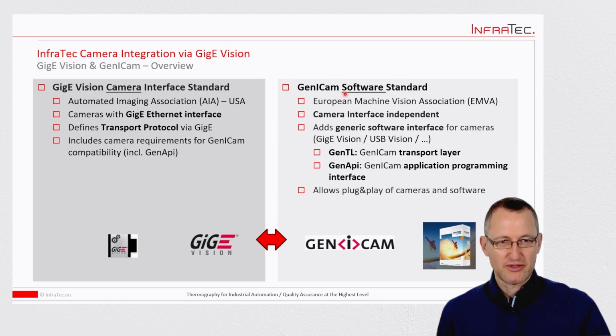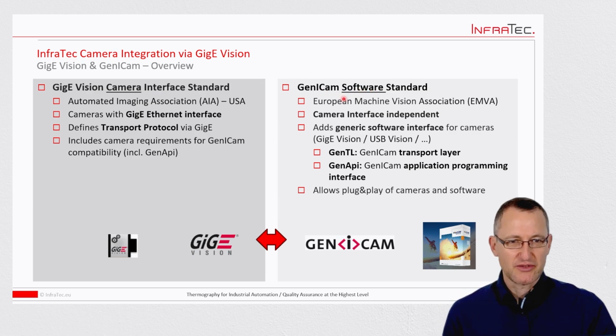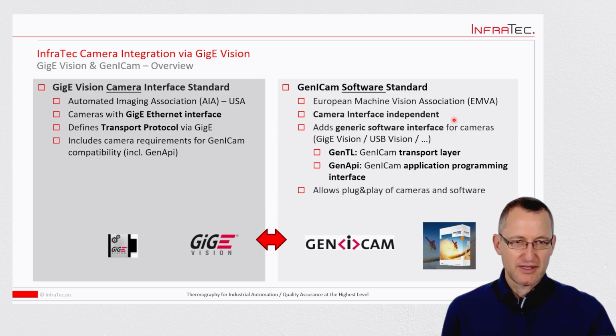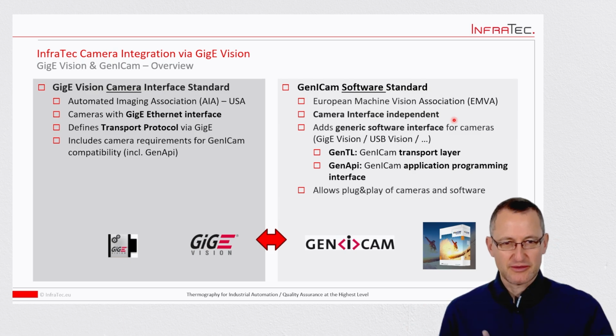This was driven from the software side and by the European Machine Vision Association. The goal is to make the camera interface independent, so that the software does not rely on different interfaces. It adds a generic software layer for cameras, so that it doesn't matter what kind of interface the camera is using. It's all the same way to talk to the camera.